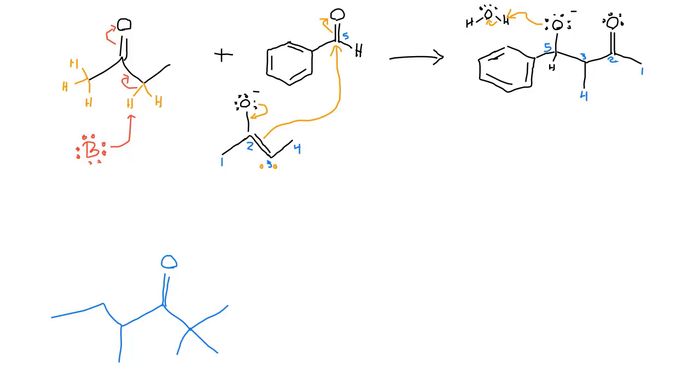It'll give you the aldol product. Now, this particular aldol product is particularly unstable. Why? Why is this particular aldol product especially unstable?